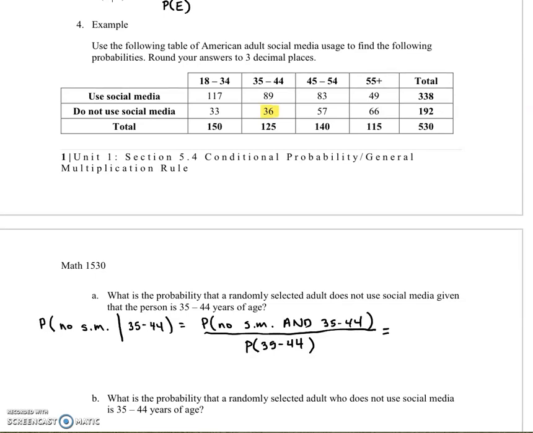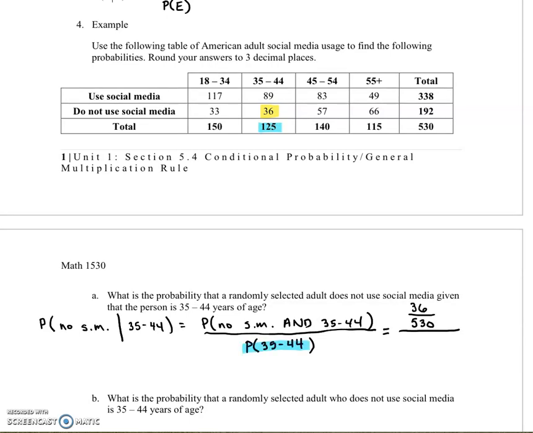So we have 36 out of 530 total people, and we're going to divide that by the probability that someone is 35 to 44, which I will highlight in blue.